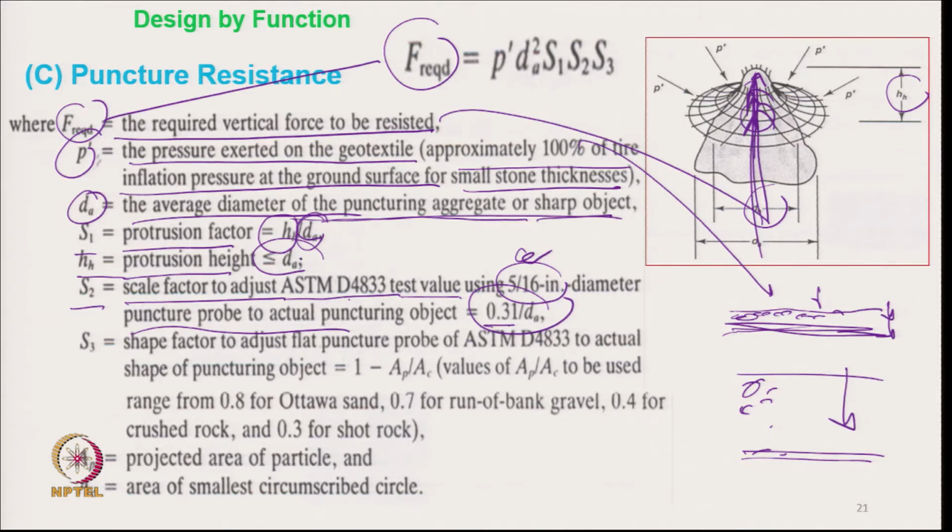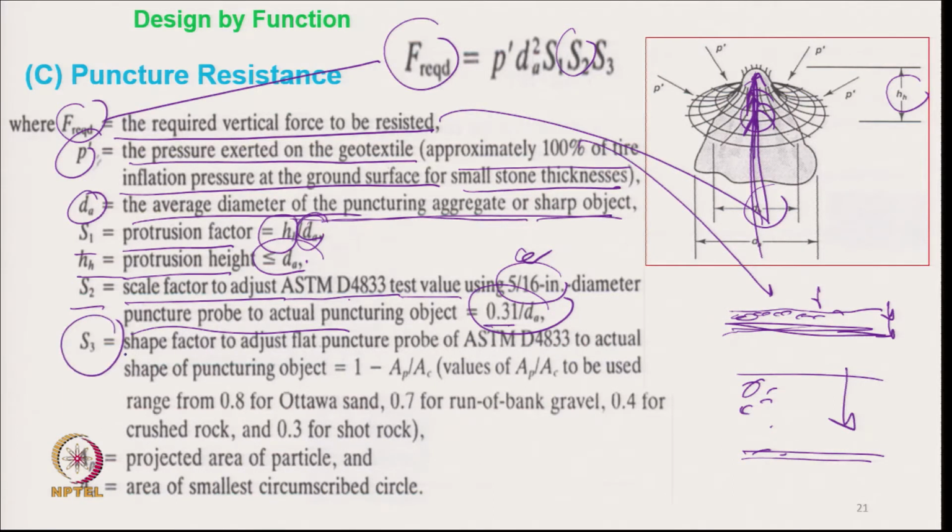So, dA here is the assumed diameter of the stone, and in our test we assume it is 5 by 16 inch. So, S2 is the scale factor, we just have to scale up or scale down depending on the actual diameter of the stone.